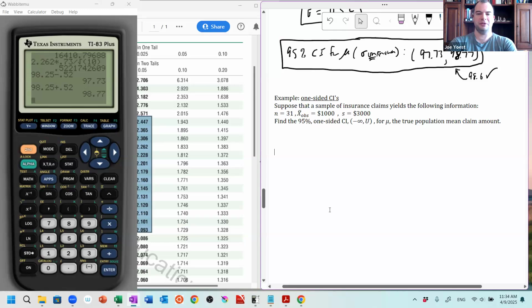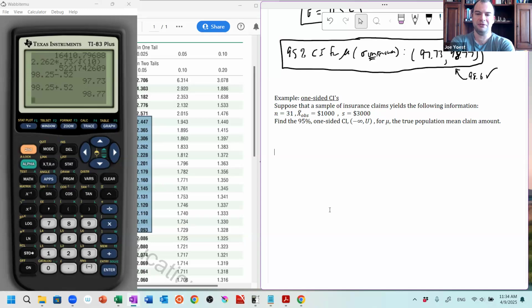So suppose a sample of insurance claims yields the following information. Sample of size 31, so central limit theorem applies, and bigger than 30. X bar observed of $1,000. So for these 31 claimants, there was an average claim size of $1,000 and sample standard deviation of $3,000.